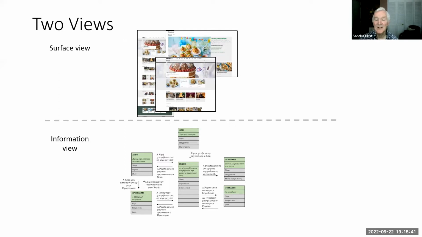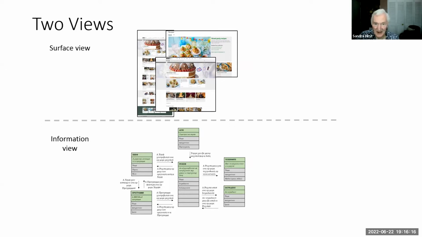The surface view needs information to drive it and navigate it and give you functionality. The information view can be used to build a surface view, but it can also be used to build other surface views. So if you want to say which is primary, you would say the information view. For example, when BBC went mobile, they had two approaches. They could have taken the surface view and said, how do we shoehorn this into a mobile app?